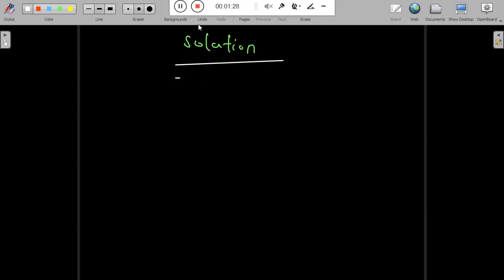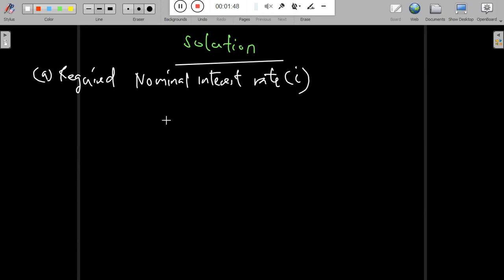Solution. Remember, at part A, we're required to solve the nominal interest rate, which is given as i. But also, we have the real interest rate, and the velocity is kept constant, so the change of V over V is equal to 0.